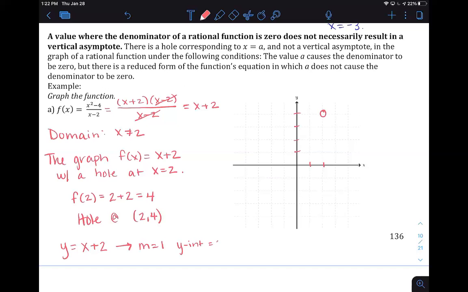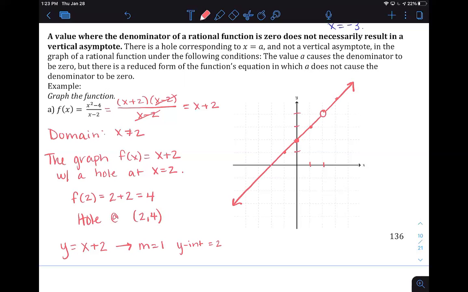So I'm going to go up to our y-intercept, put a point, and then we have a slope of 1. If I continue that little line, we're going to graph that like normal, but leave a hole where we drew that open circle. And that's your graph.